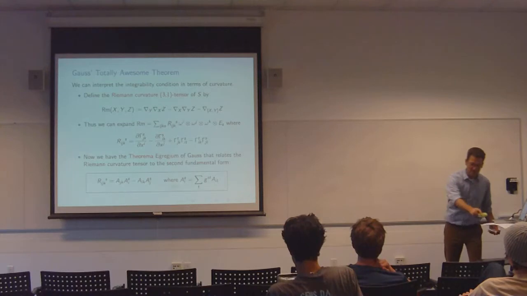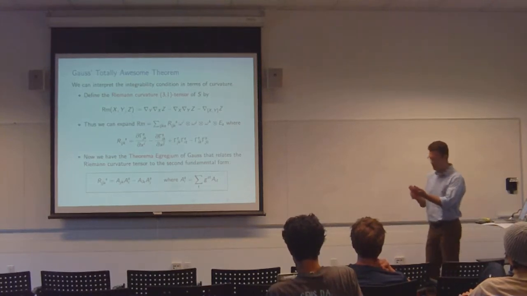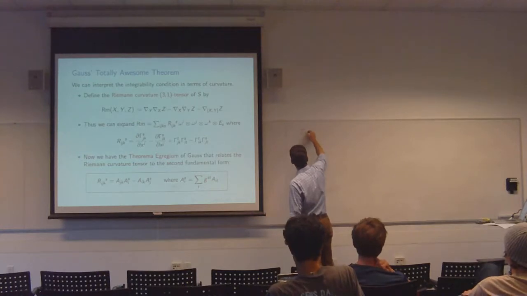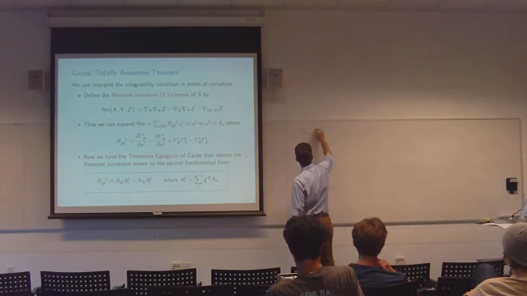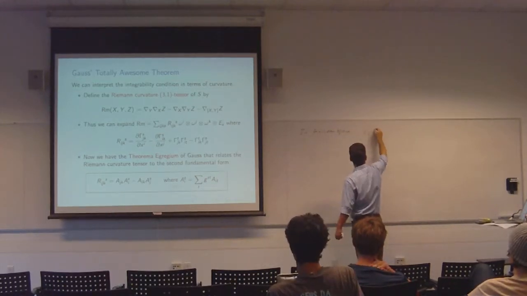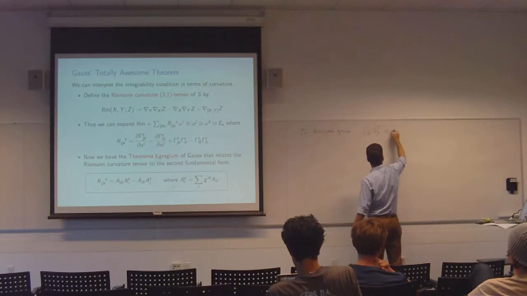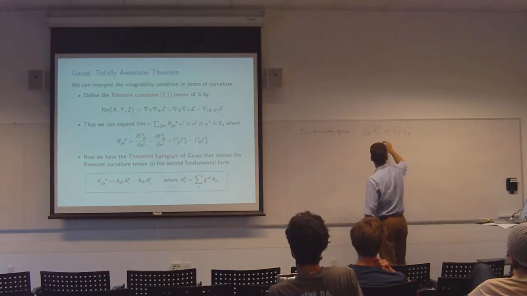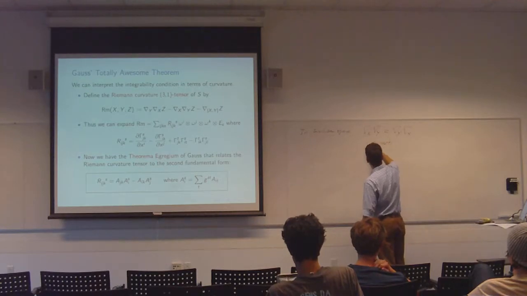There's something else that people use to explain why the Riemann curvature tensor should look like that. And it's that in Euclidean space, this equals that. So partial derivatives, second partials commute.